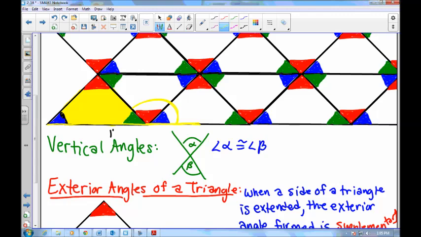And we talked about, if you look at their colors, the exterior angle is blue and red, but the adjacent angle is what color? Green. So we get all 3 colors from the triangle, which means the adjacent angle plus the exterior angle are what type of angles together?